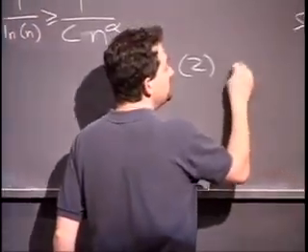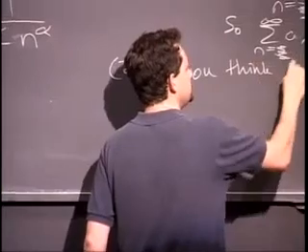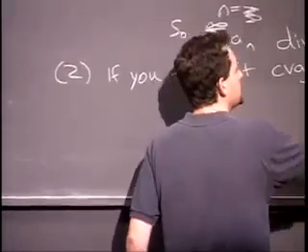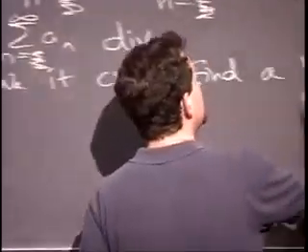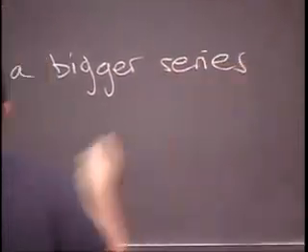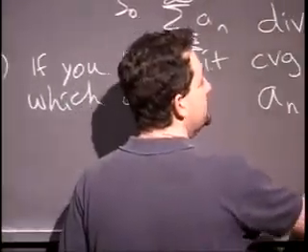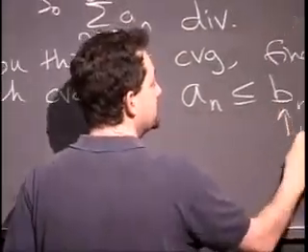To get the convergence, if you think it converges, find a bigger series. This time it's a bigger series which converges. So now we're trying to find a bn that's bigger.